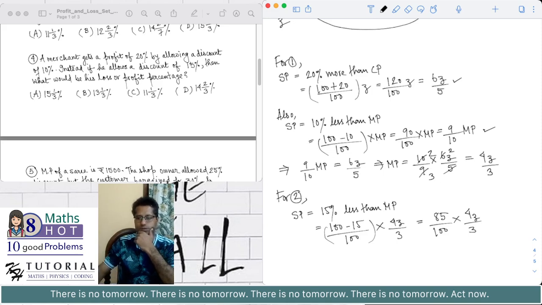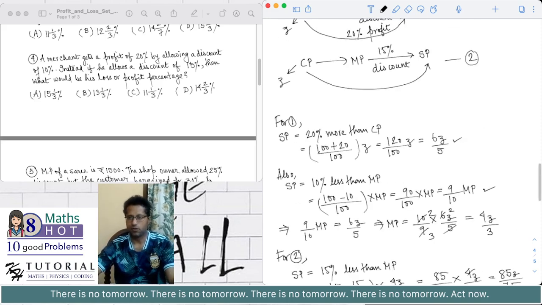Okay, so if you do a little bit of simplification, this is 85 Z by 75. This is further 17 Z by 15.